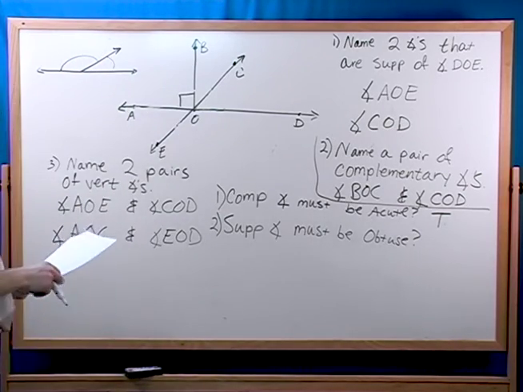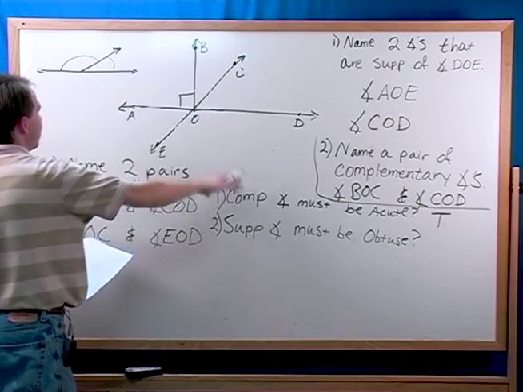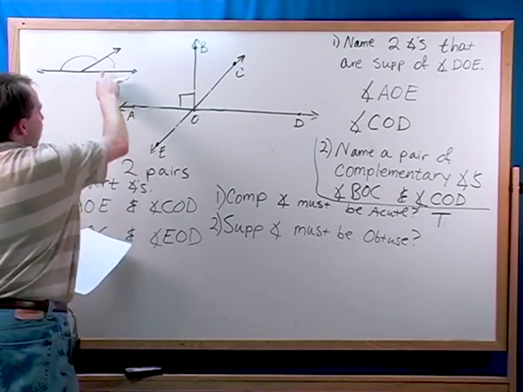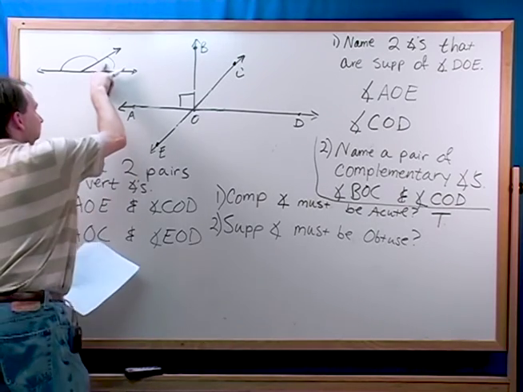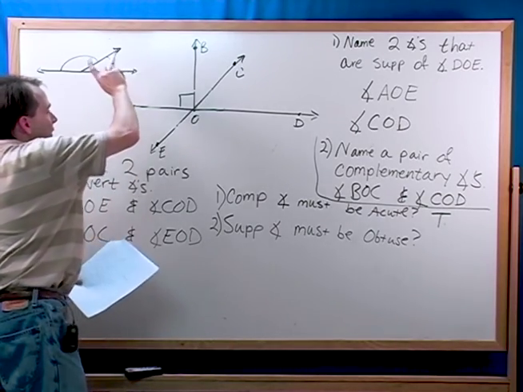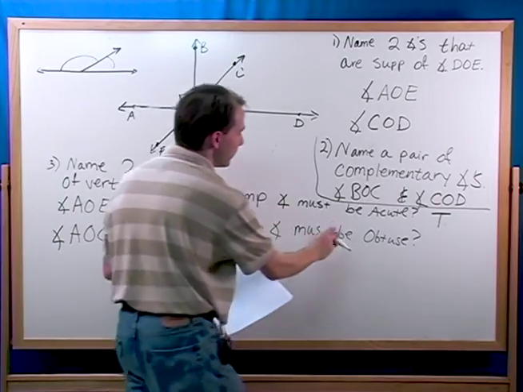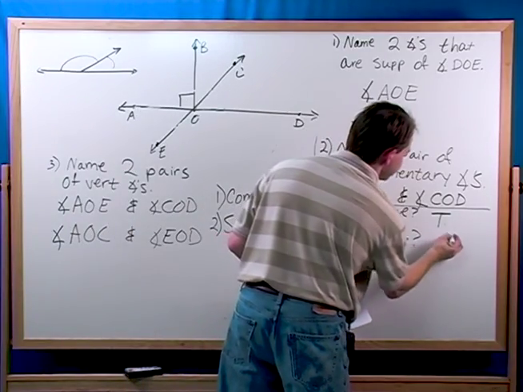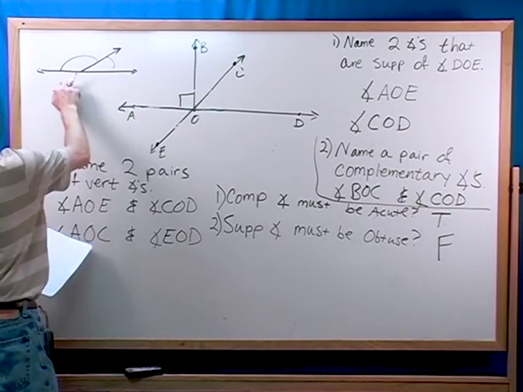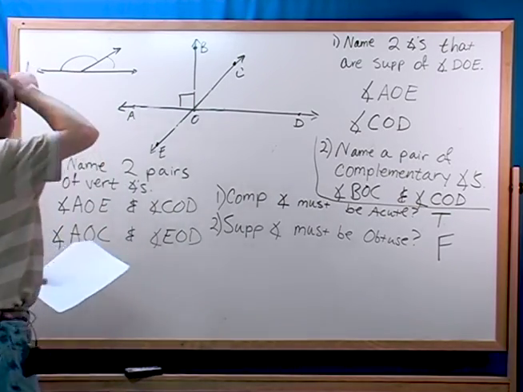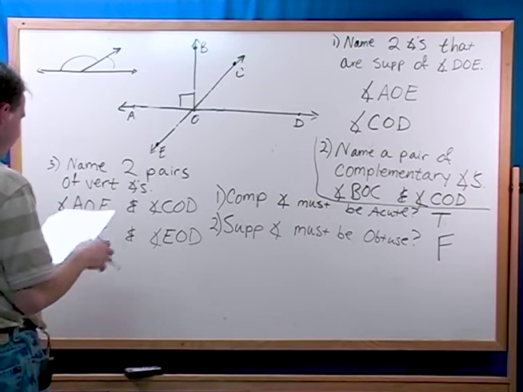It is less than 90 degrees. So I've already found a counterexample. I've already found an example of two angles that are supplementary because they add up to 180 degrees, but yet one of the angles is less than 90 degrees, which means it's acute. So this is not always true, okay? Supplementary angles, one of them is obtuse usually, but one of them is acute, okay? And you can see that by drawing a picture.